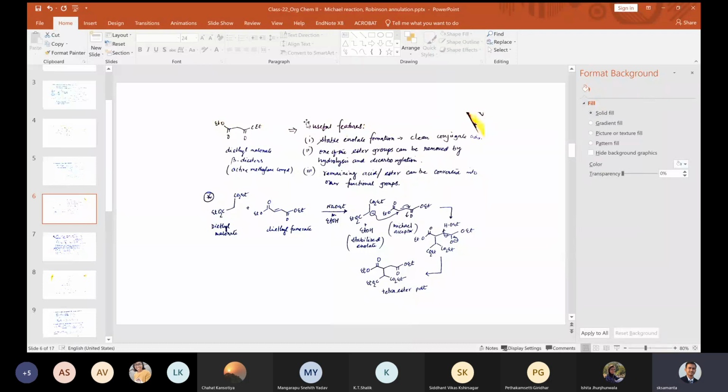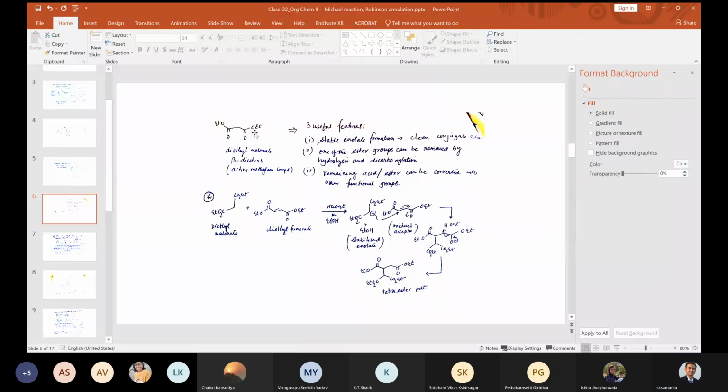So this is a beta diester, a kind of active methylene compound. It has many useful features, such as it can form a very stable enolate, because the negative charge that forms here can be in resonance with either of these CO2Et groups. Now once we add this diethyl malonate group through this carbon, one of these CO2Et groups can be removed, because these are in the beta position.